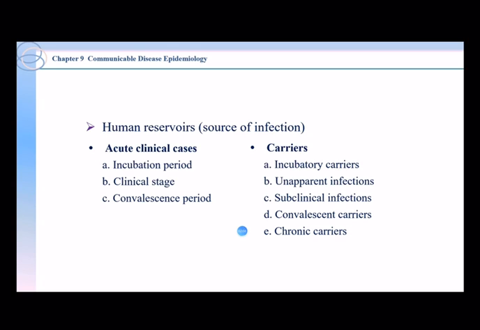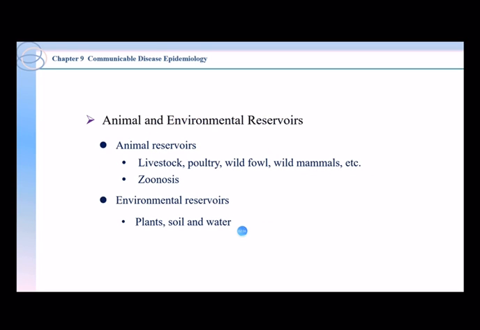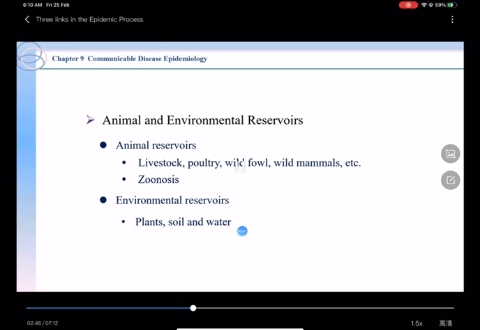They still can be the source of infection. Similarly, the carriers can be incubatory carriers, unapparent infections, subclinical infections, recovered carriers, or chronic carriers. The environment and animal reservoirs can also be different animals and environmental reservoirs.